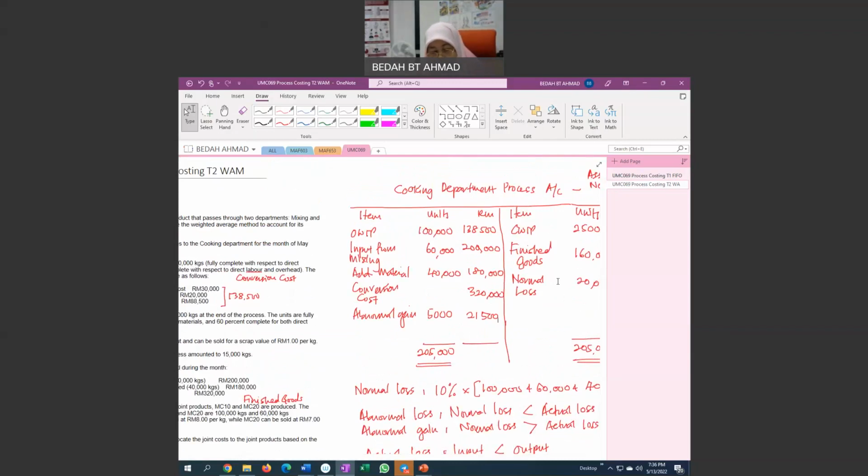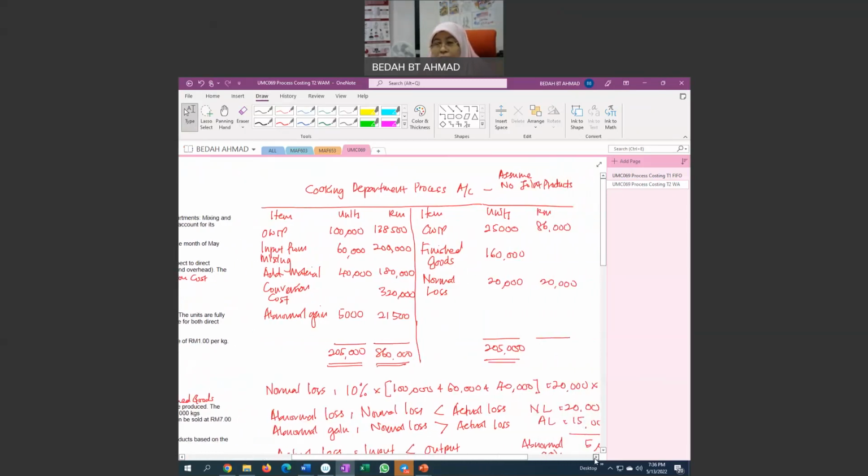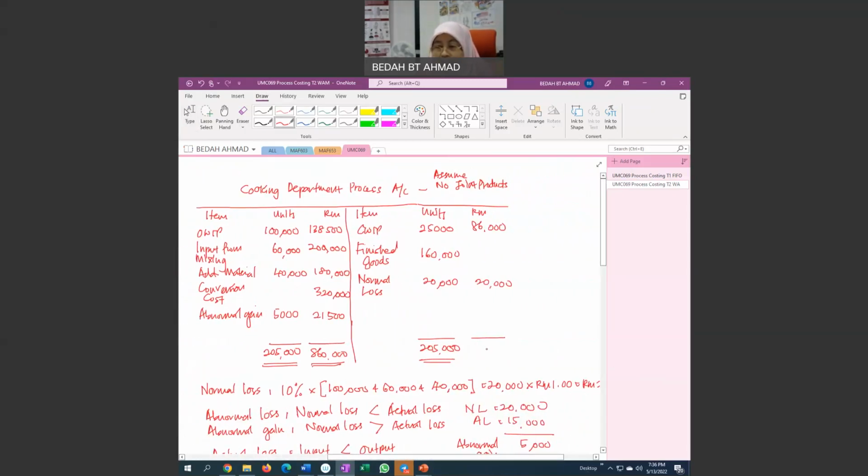So that gives you 860,000. So this also should be balanced with the credit side, 860,000. So you minus back the normal loss and minus back the 86,000 closing work in progress. That will give you the value for the finished good.